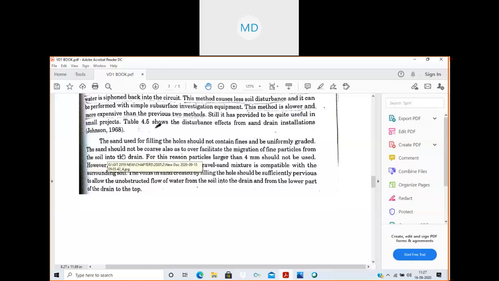The sand should also not be so coarse as to over-facilitate the migration of soil particles into the drains. For this reason, particles larger than 4 mm should not be used. However, before using, necessary tests should confirm the gravel-sand mixture is compatible with the surrounding soil.